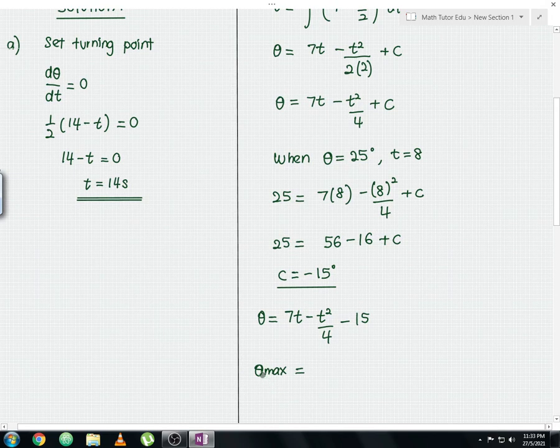Okay, so from here theta max is equals to 7 times with 14 minus with 14 square over 4, and then you minus with 15.